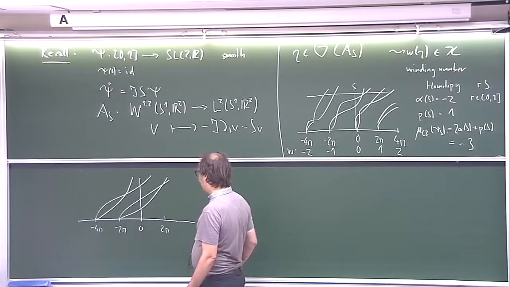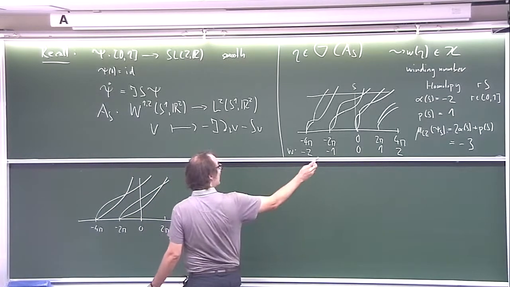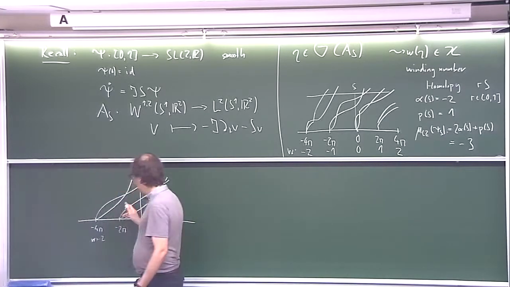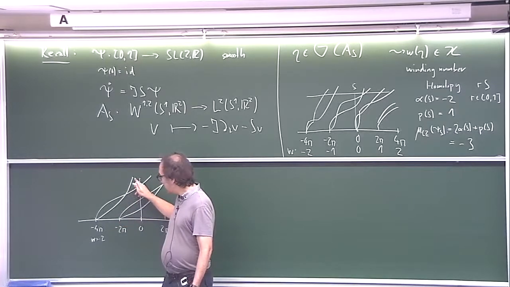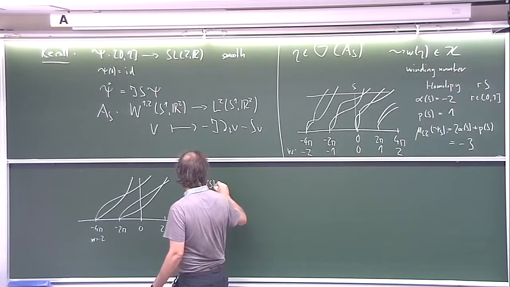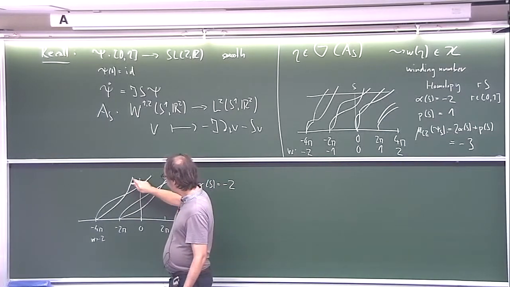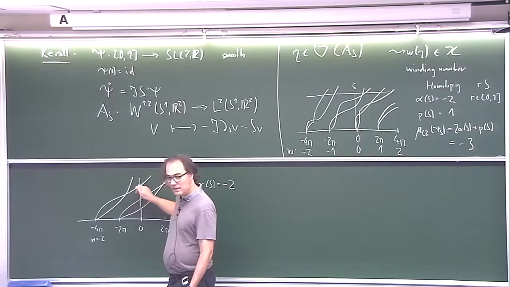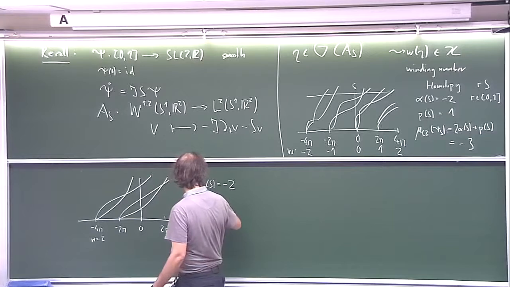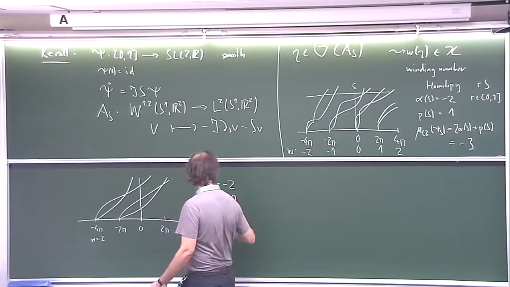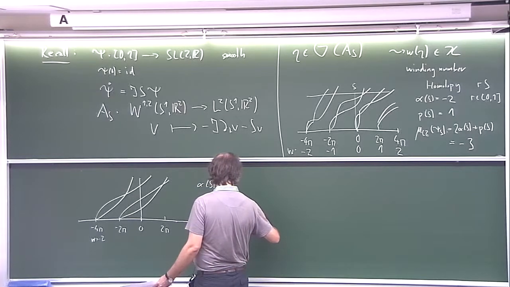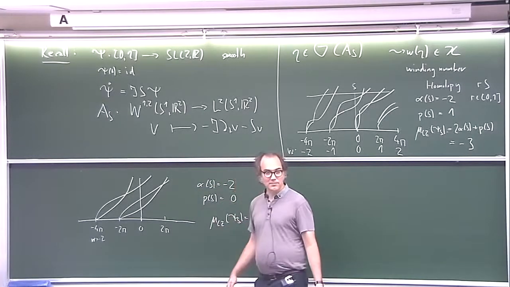Then alpha of S is still minus 2 because we still have a negative eigenvalue of winding number minus 2. But now because the sibling crossed 0, the parity is 0. So p(S) is 0. And here the Conley-Zehnder index is minus 4, 2 alpha(S) plus p(S).